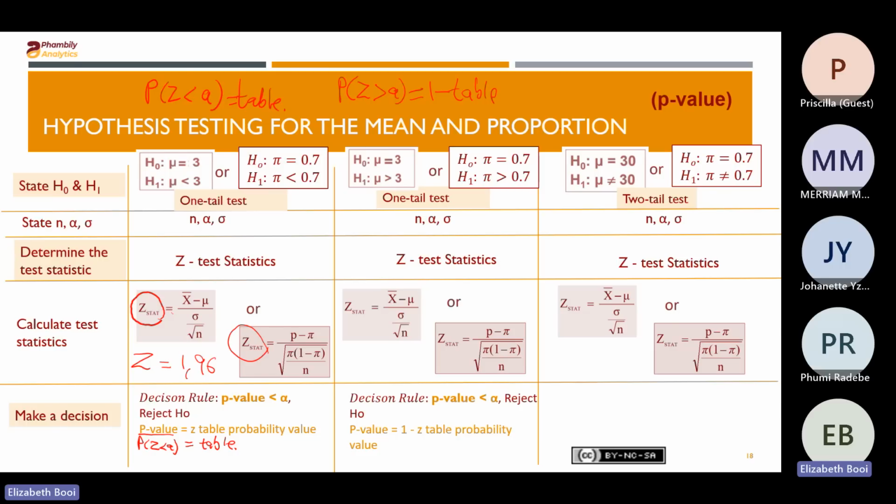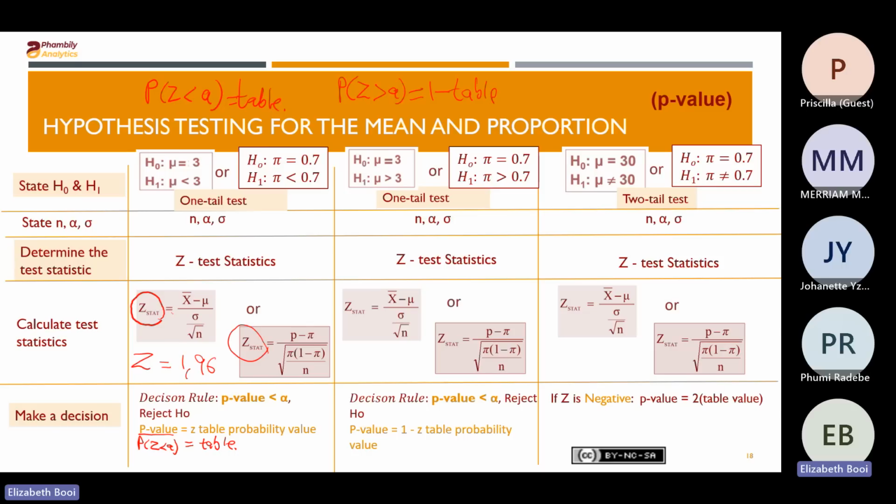So if we're going to find the p-value, we're going to say 1 minus that value from the table. So it's the same concept, right? So you're going to find your p-value by saying 1 minus the value you find on the table for a greater than. If it is a two-tail, then it works different.